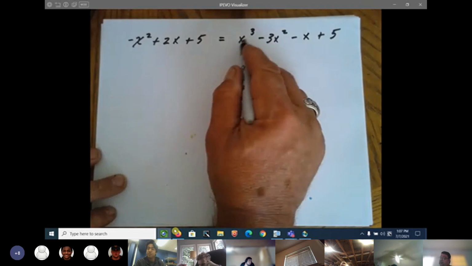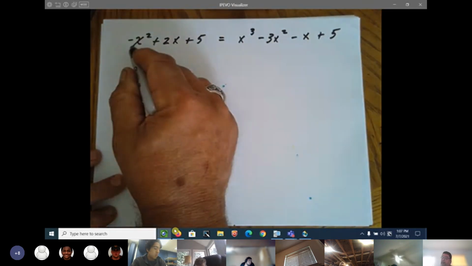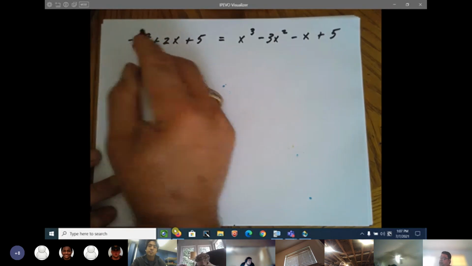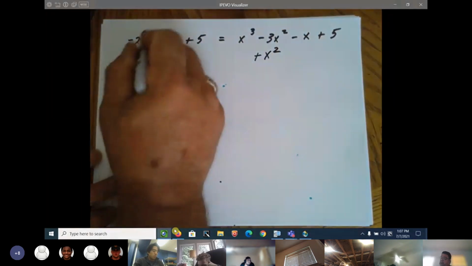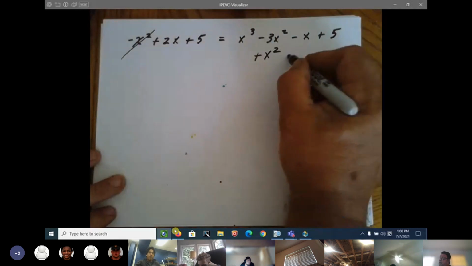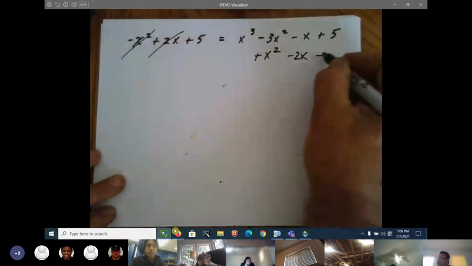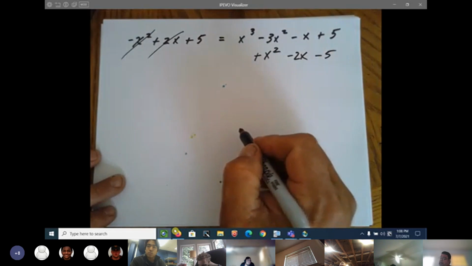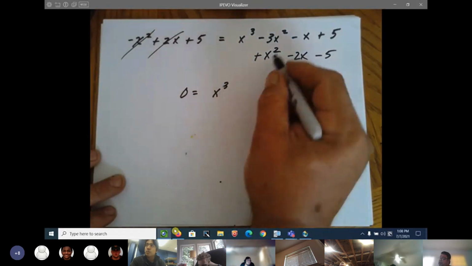I'm going to leave that x cubed alone because it's positive. So I'm going to bring this over. So that's going to be a plus x squared and minus 2x minus 5. And that's going to give you 0 is equal to x cubed.